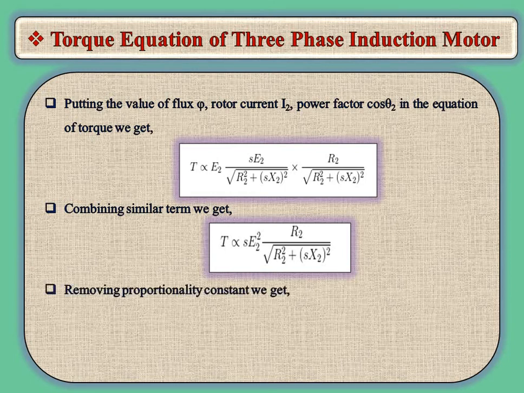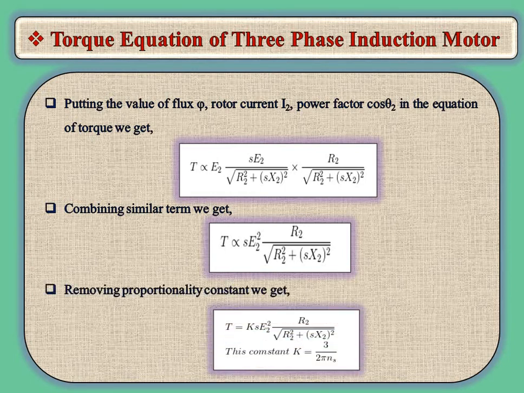Now removing the proportionality constant, we get T is equal to K SE2 square into R2 divided by R2 square plus SX2 whole square, where the constant K is equal to 3 divided by 2 pi ns. So this equation is known as the torque equation of three-phase induction motor under the running condition.